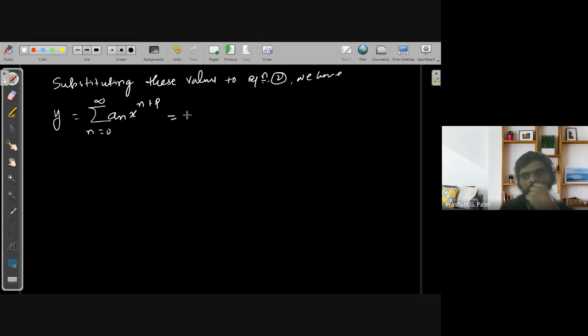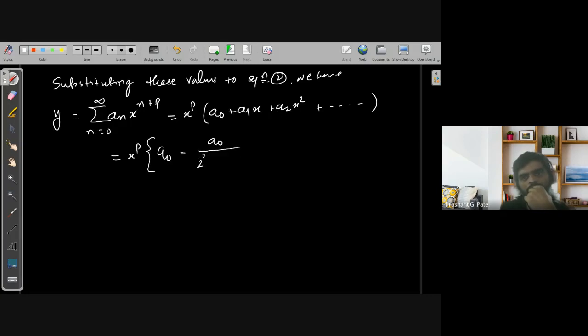So this is equal to x raised to p is common out, a0 plus a1x plus a2x square up to so on. So hence we have, this is the expression x raised to p, a0, a1 is 0, so I'm not writing that, a2 is we got minus a0 upon 2 square into p plus 1 x square.